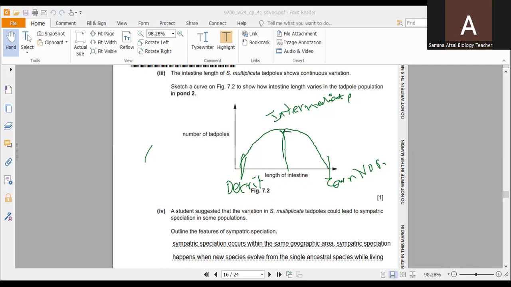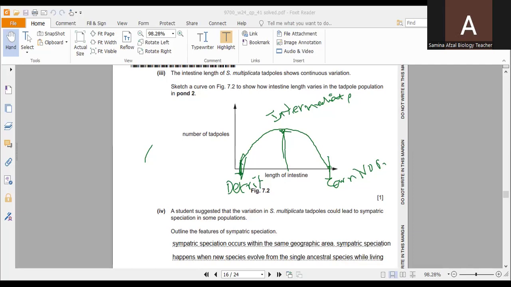So we can see both sides are tapering. These sides indicate a decreased number of tadpoles with intestine length that deviates from the average. The average is in the highest number, and of the other two types, detritus feeders have the longest intestine and carnivores have a very short one. So intermediates are surviving in this type of stabilizing natural selection.